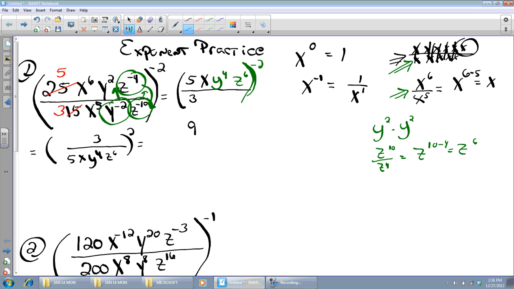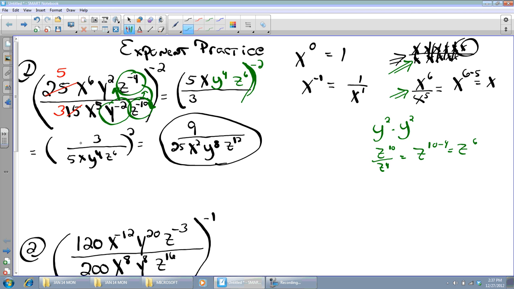So 3 squared is 9, 5 squared is 25. x squared is x squared. y to the 4th squared, y to the 4th times y to the 4th, that's y to the 8th. And then z to the 6th squared will be z to the 12th. And there you go.